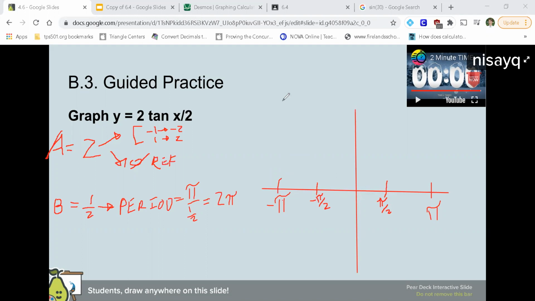Our pattern then is to do asymptote, -1, which has now been multiplied to become -2, 0, +1, which again has been changed to 2 by our A value, and asymptote. So you get a function that looks like, oh gosh, that's terrible.